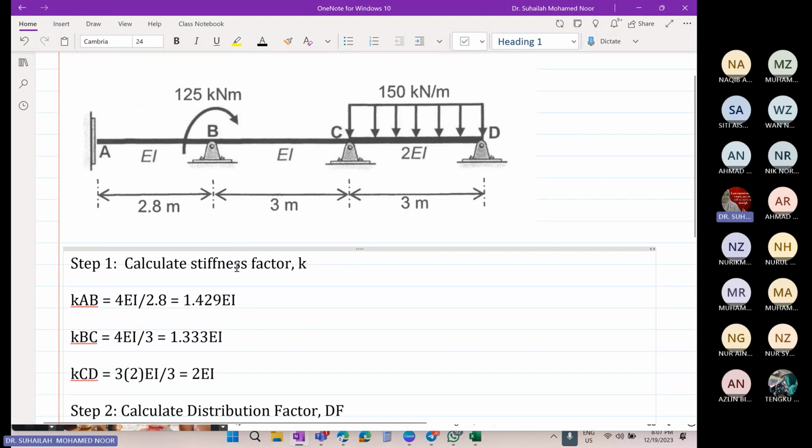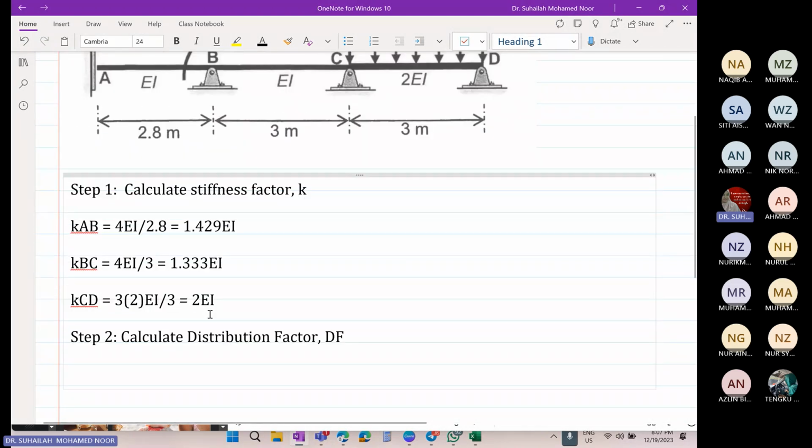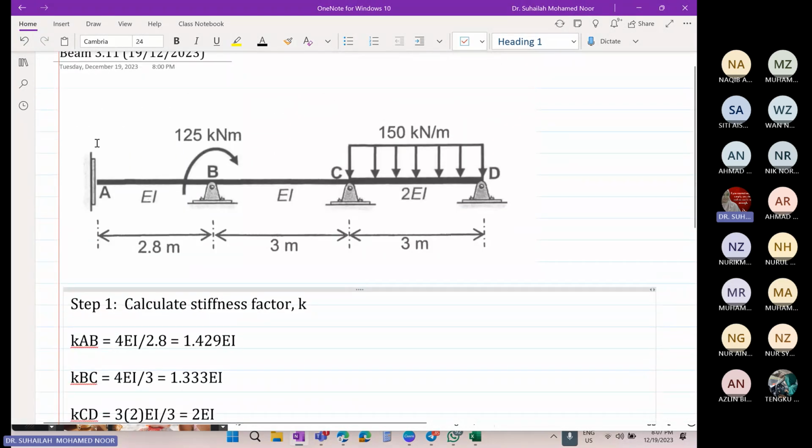Look at the end points A and D. Distribution factor for a fixed end, A, is 0. For a pin end, D is 1.